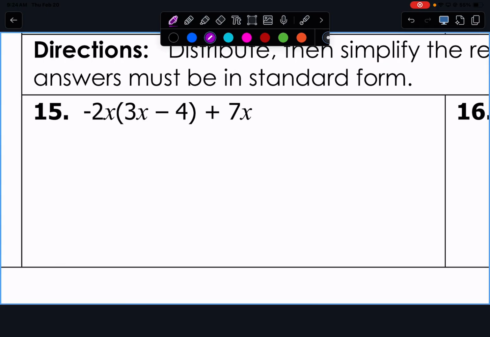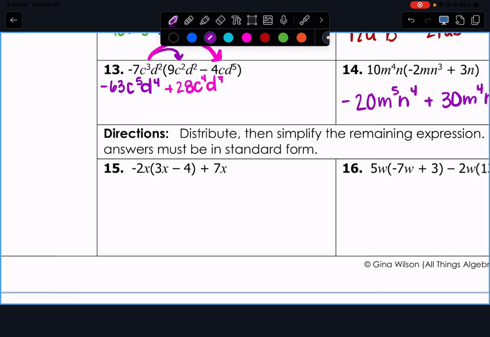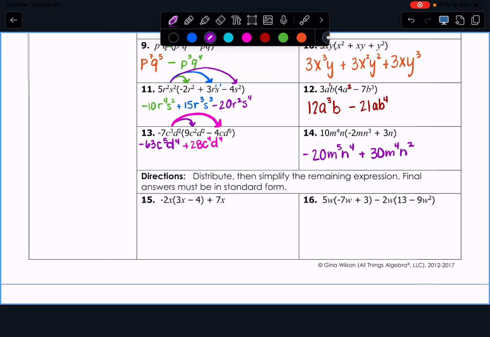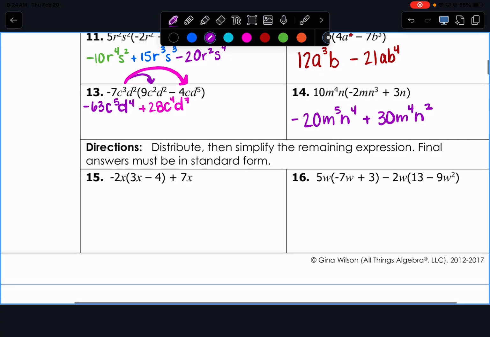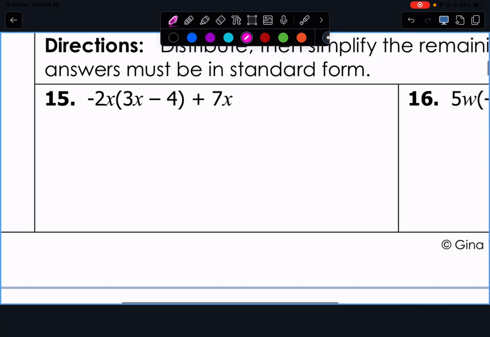So I'm going to start with my distribution. I'm going to say negative 2x times 3x, which gives us what? Negative 6x squared. Okay, then we need to distribute plus 8 right there. So negative 2 and negative 4 make a positive, positive 8x.